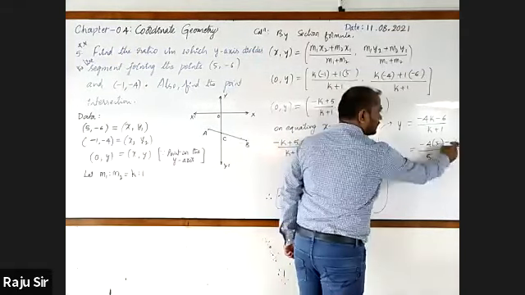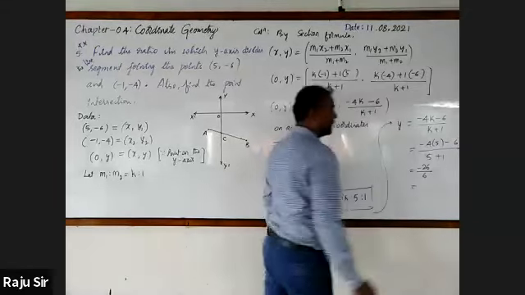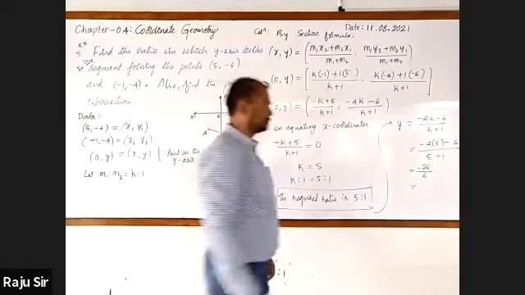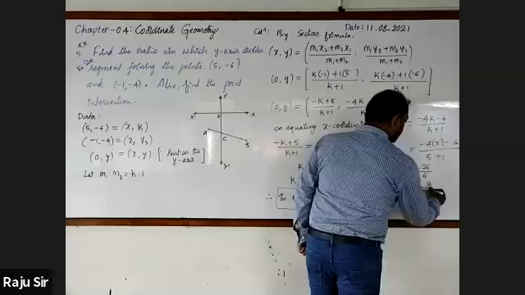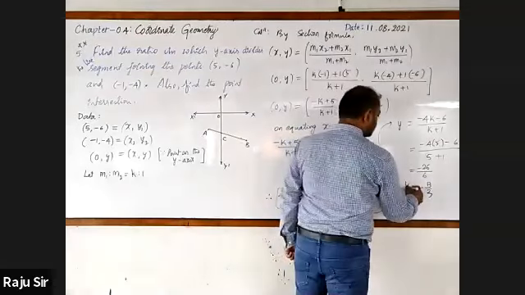That is (-20 minus 6) by 6, which is -26 by 6, that is -13 by 3. Therefore, y is equal to -13 by 3.